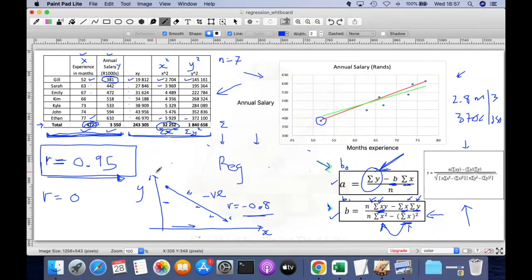Let's say your X was the amount of time you spent exercising, and Y was your weight. So the more you exercise, the more likely your weight is to decrease. That's a very simplified example. Does that make sense?